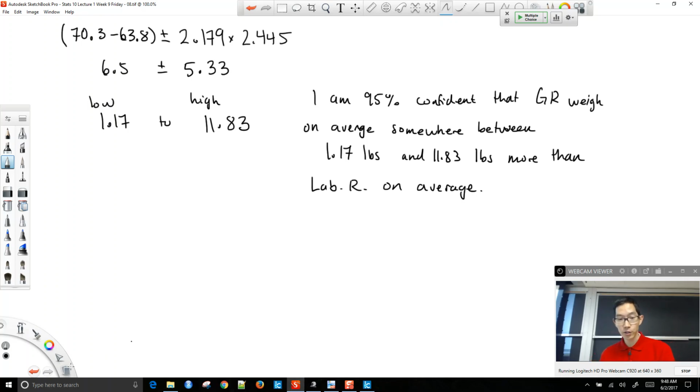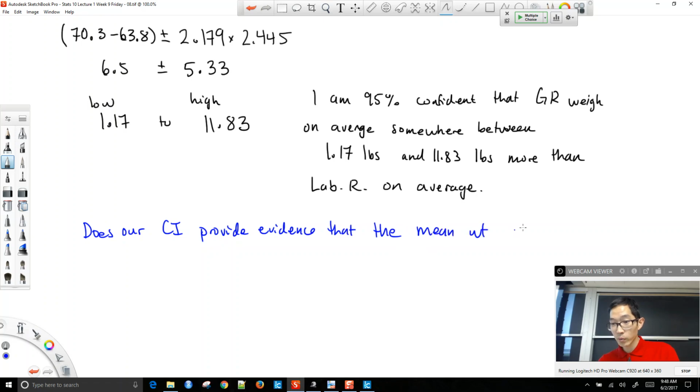Okay, so there's a few conclusions that we have to ask. Does our confidence interval provide evidence that golden retrievers weigh more, or we'll say that the mean weight of golden retrievers is higher than the mean weight of Labrador retrievers?